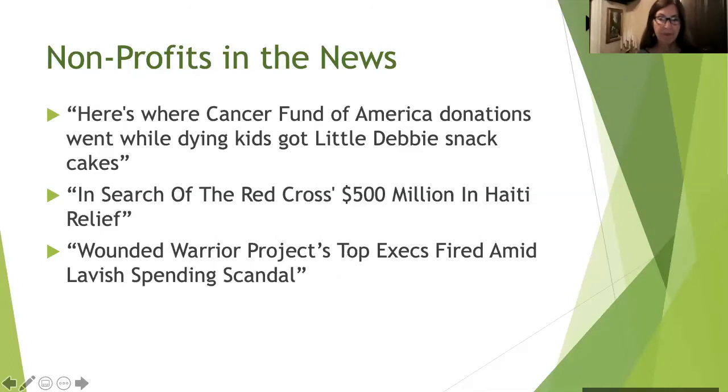So what happened after all this bad stuff came out in the news was that the IRS decided that they needed to tighten up on what the Form 990 asked. So you want to move ahead, Becky? Next.